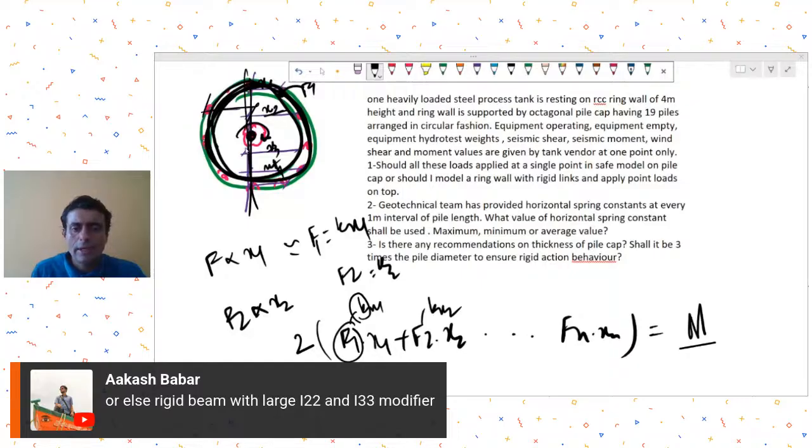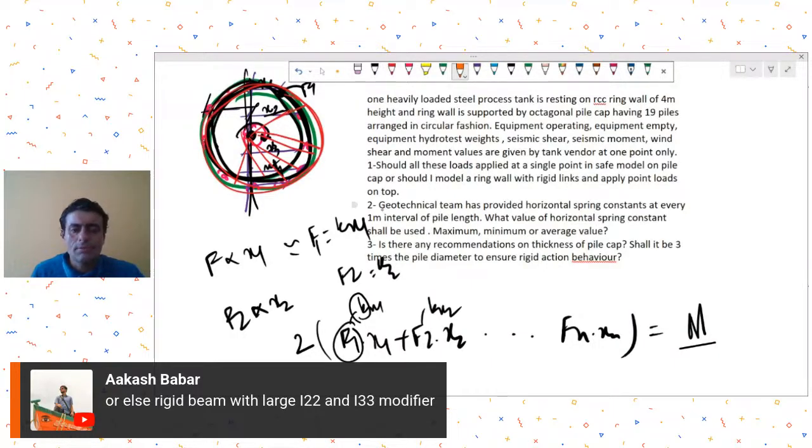Although I'll have to experiment it myself before I'm able to give any reply to this query. So these things I would have done manually, like this process that I just explained. But in SAFE, maybe just create a very, very thick circular shell and don't have any self weight assigned, and just see if the load distribution is happening in the way you want it. Or the rigid link option can also be explored, although I have not tried this option myself.